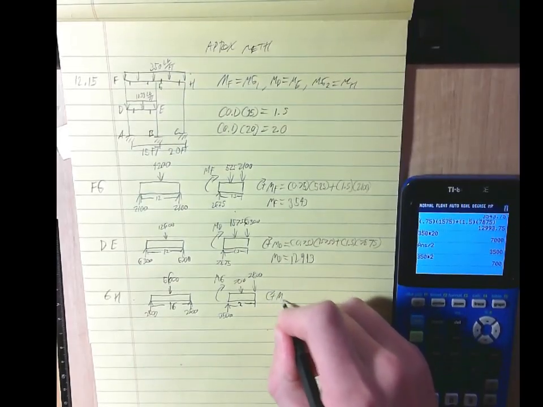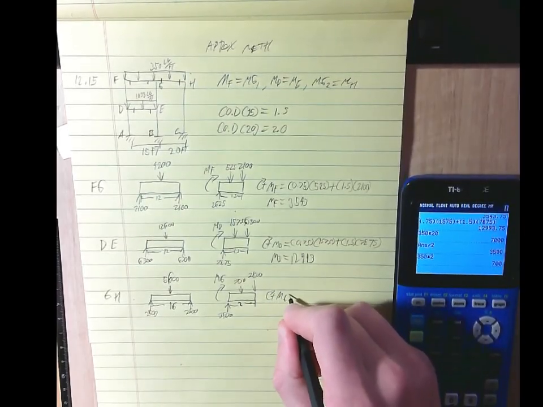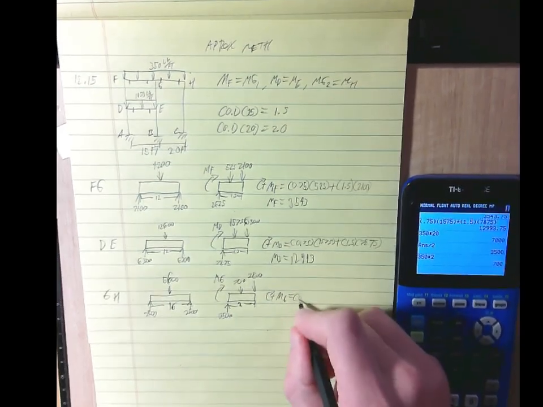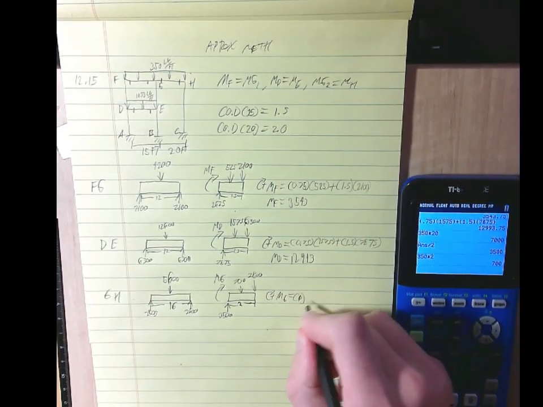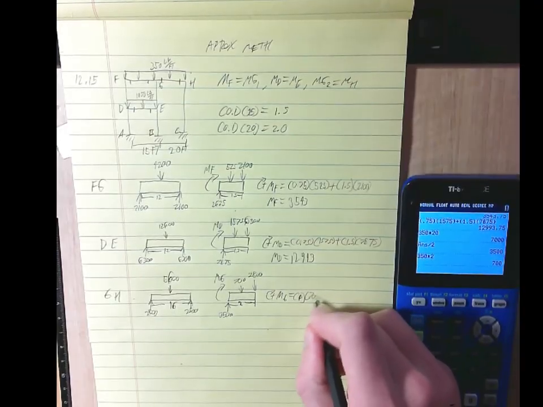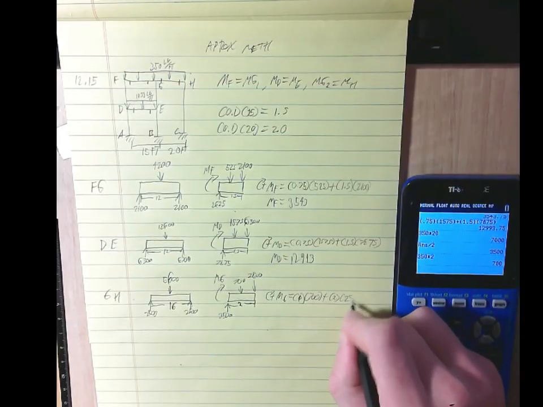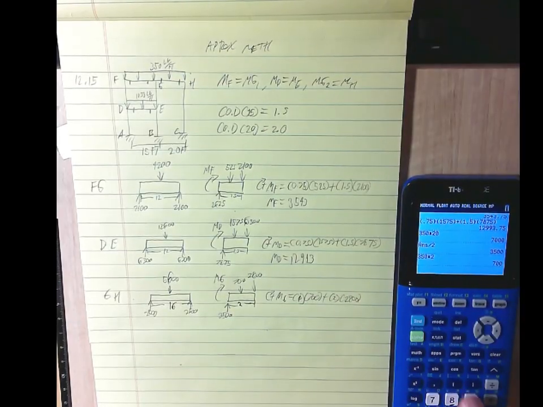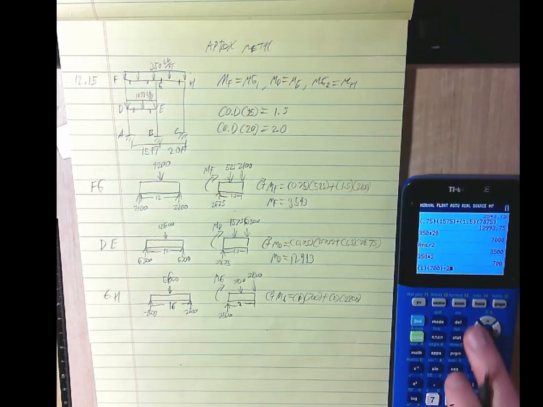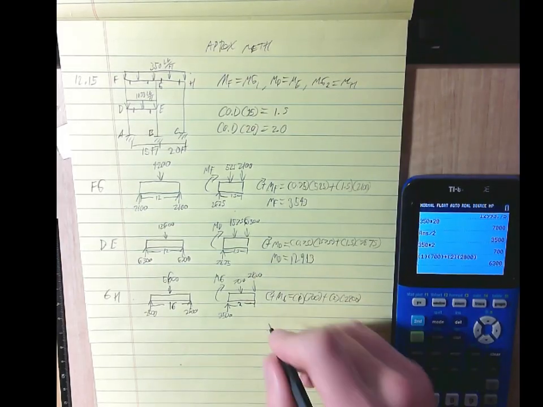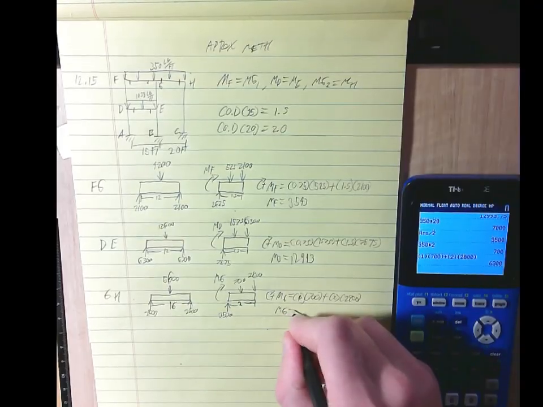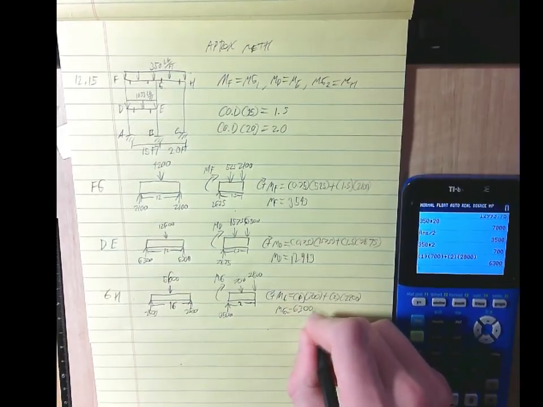Positive moment for G. This is going to be 1 times 700 plus 2 times 2800. MG is going to be equal to 6,300.